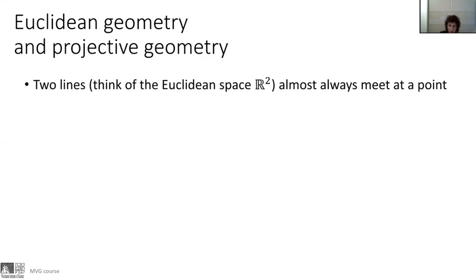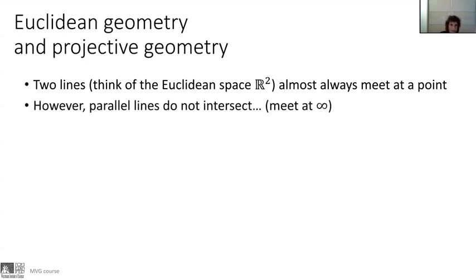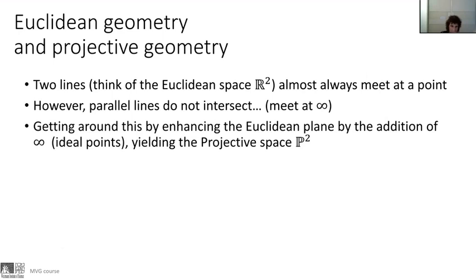To say it more formally, two lines in the Euclidean space R2 almost always meet at a point, right? However, parallel lines do not intersect. We say that they meet at infinity. That's what we generally say.